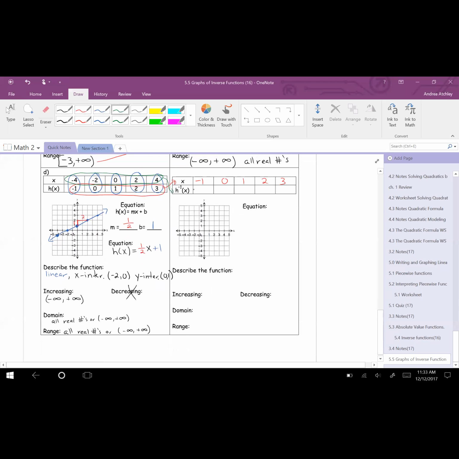So that's going to give me -4, -2, 0, 2, and 4. Any questions over that? Okay, so let's graph that.